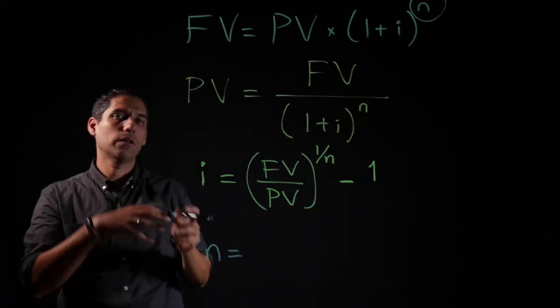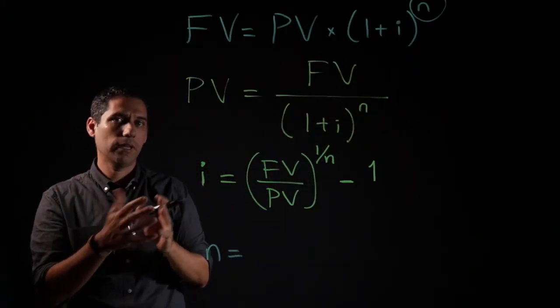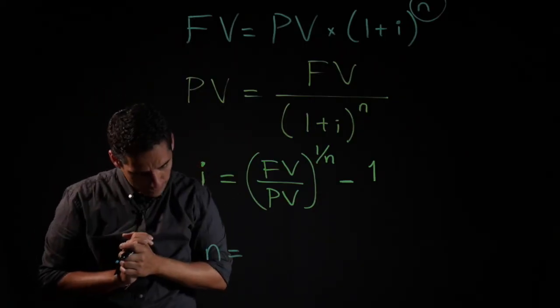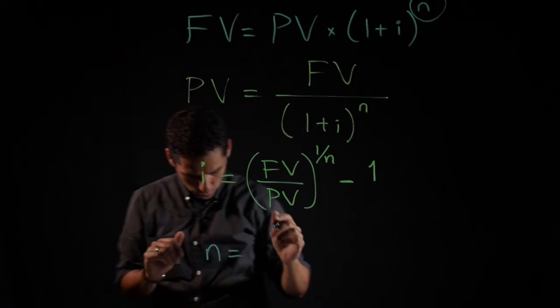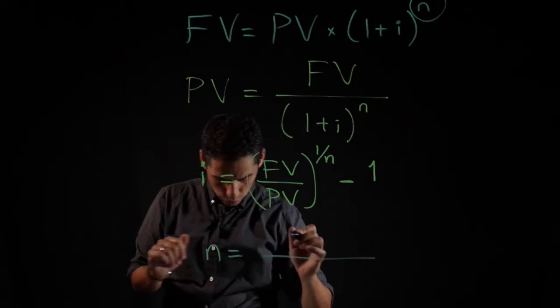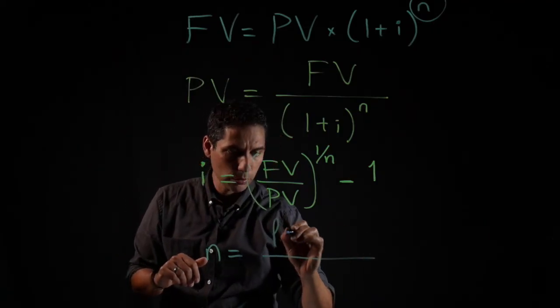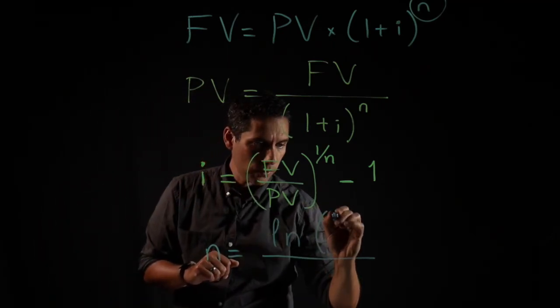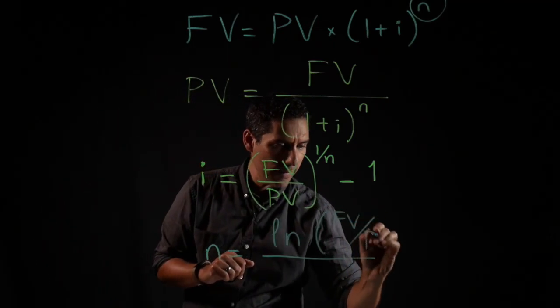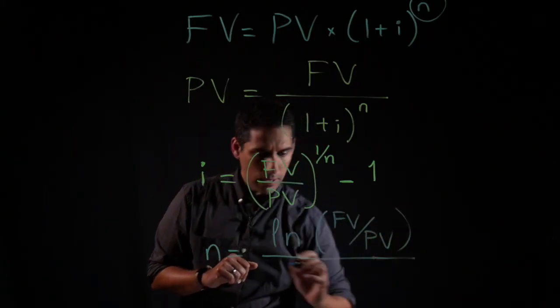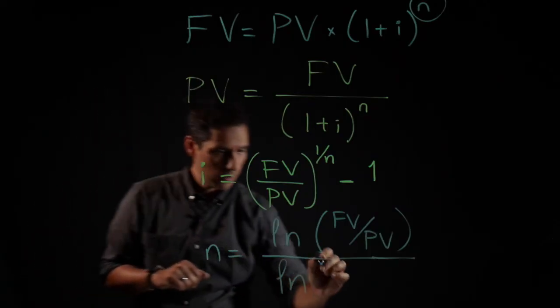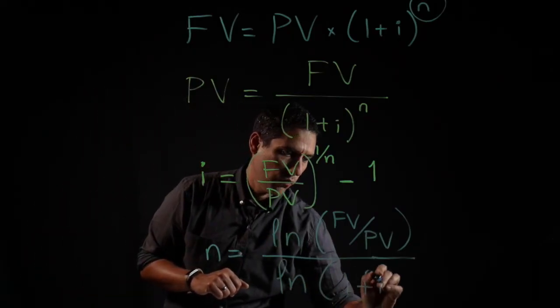So to leave it alone, it's a little bit more involved, and we're going to have to use natural logarithms to solve for n. So the formula is going to be, in the numerator, the natural logarithm, ln of FV divided by PV, and divided by, again, the natural logarithm, ln of 1 plus I.